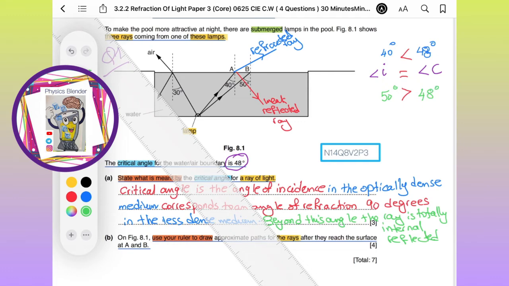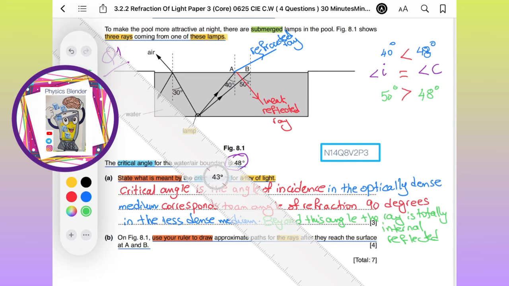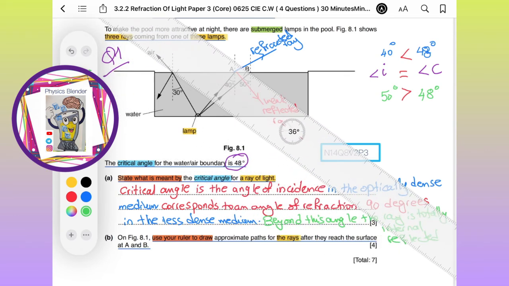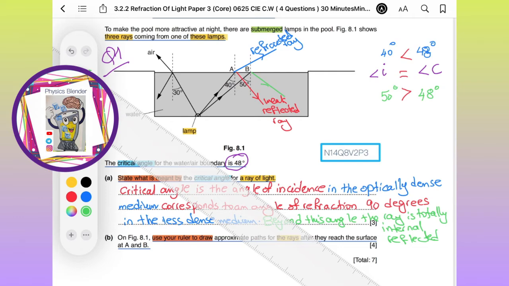What happens here? The ray will be totally internally reflected by the same angle of incidence. It will obey the law of reflection: angle of incidence is equal to angle of reflection. So the ray will be totally internally reflected in this case, and this will be 50.